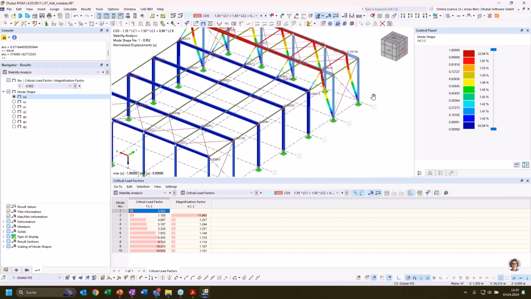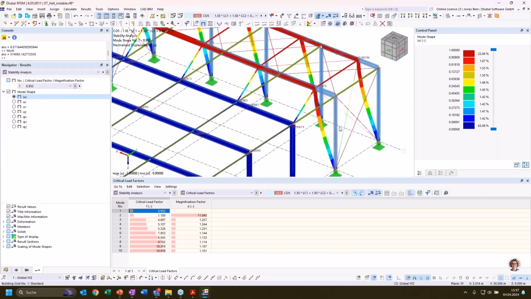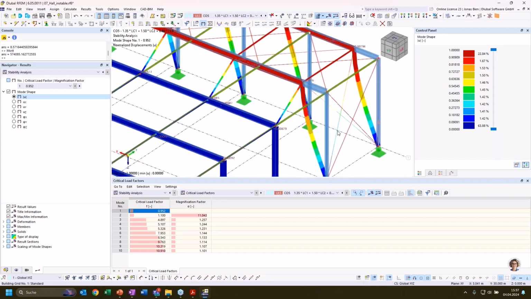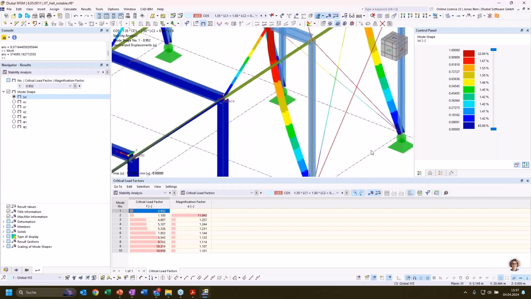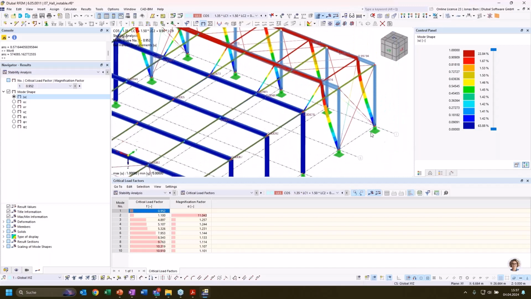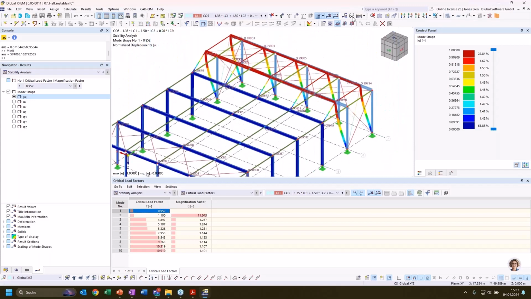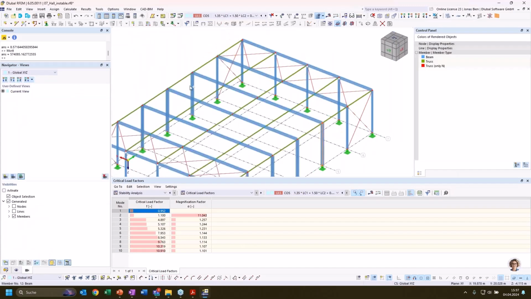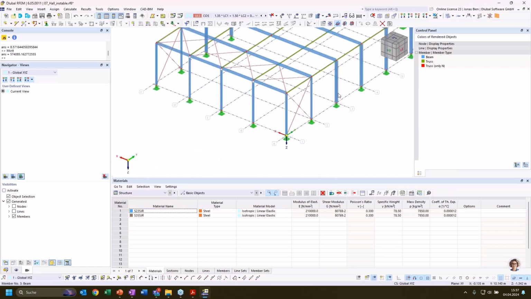And if I now look closely, I see that in my second frame, I set the wrong columns. I set the columns from the end frames, which are much too weak for these internal frames. But this can be quickly resolved by just copying and overwriting the member dimensions with the columns from frame number 3 or 5.